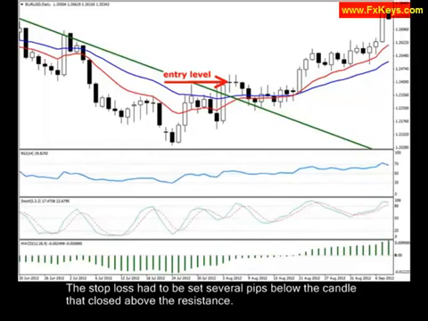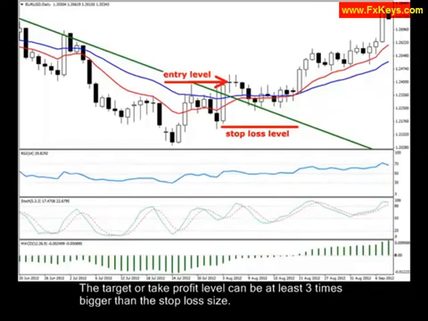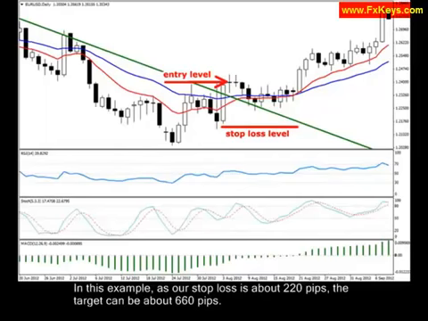The stop loss had to be set several pips below the candle that closed above the resistance. The target or take profit level can be at least 3 times bigger than the stop loss size. In this example, as our stop loss is about 220 pips, the target can be about 660 pips.